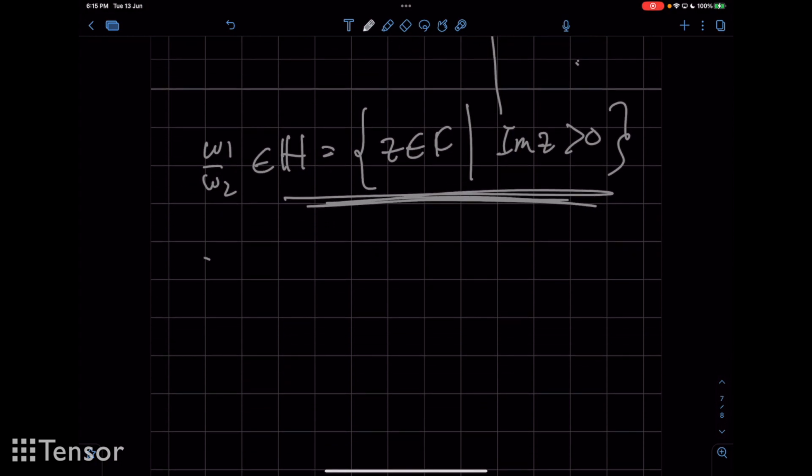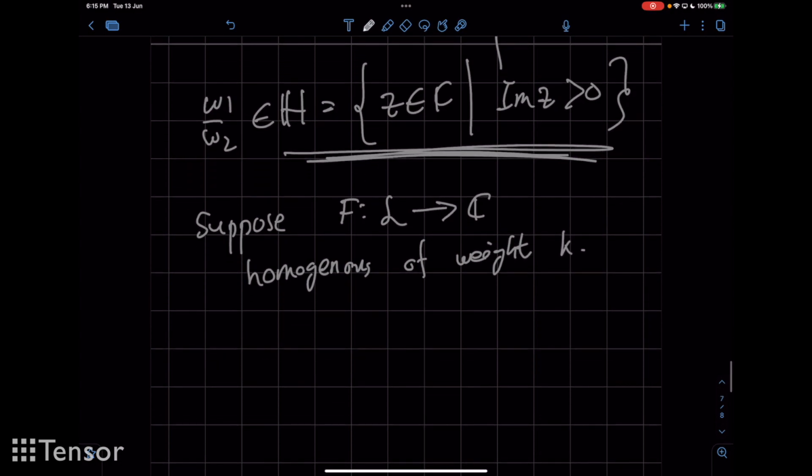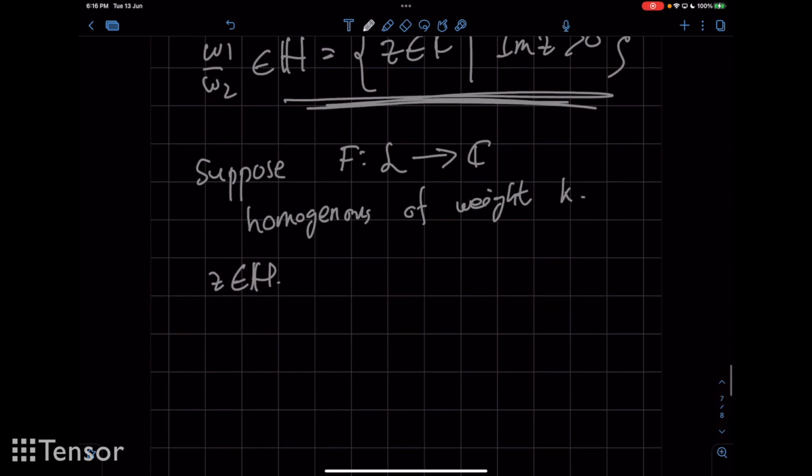Now, suppose I have a function F from L to C that is homogeneous of weight k. And let's say z is a complex number in the upper half plane. Then corresponding to z, we have a lattice, that is the lattice generated by z and 1.